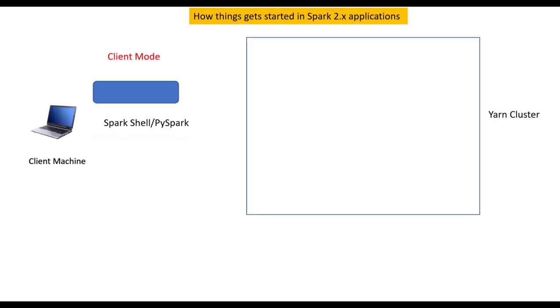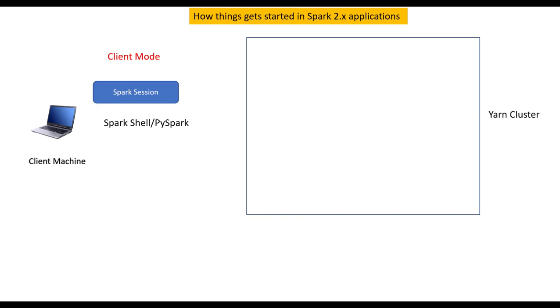Now, let's see how things get started in any Spark 2.x application. First of all, a Spark session gets created. When we start any Spark client tool, for example Spark Shell or PySpark, it automatically creates a Spark session for us. A Spark session can be understood as a data structure where the driver manages the work, tasks and executor status.